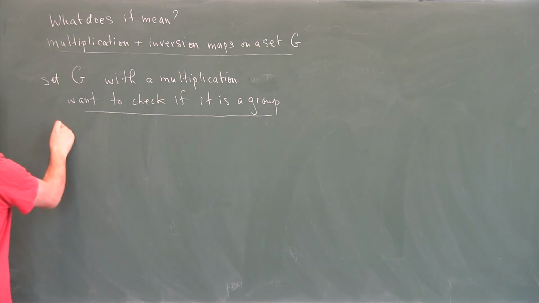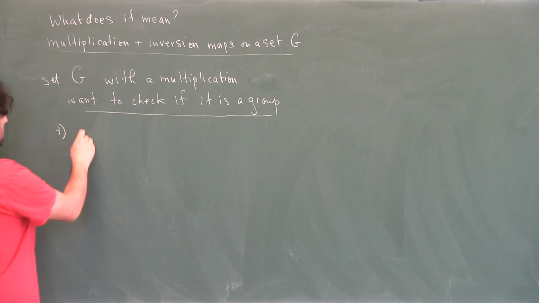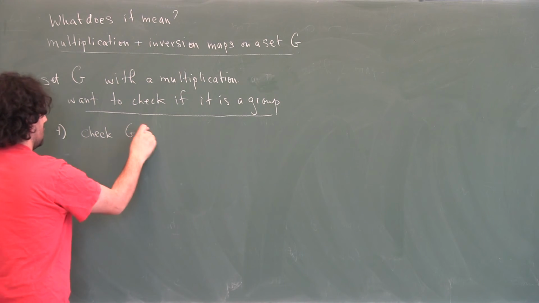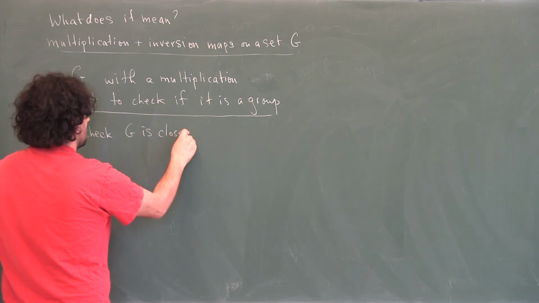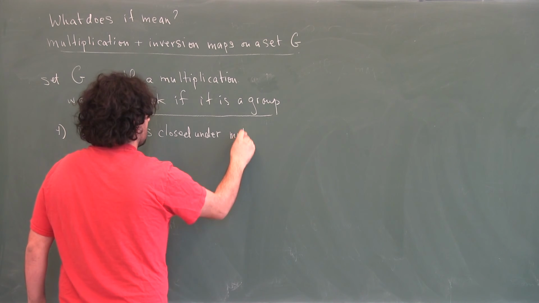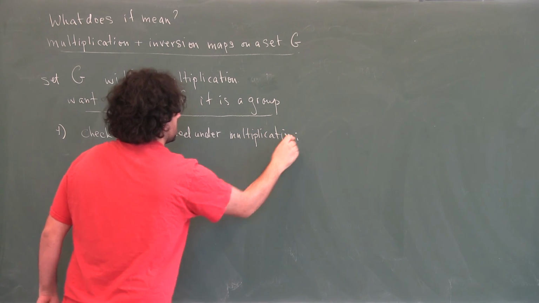Okay, so the first thing we should do is to check that G is closed under multiplication. What does this mean?